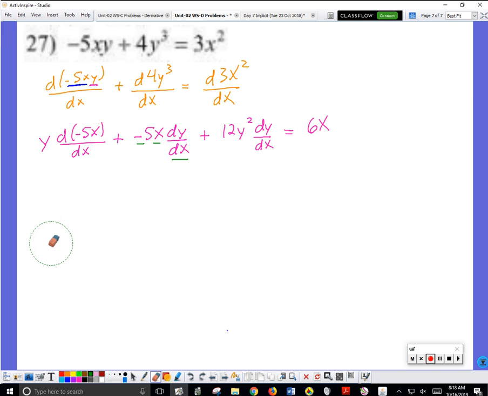So, going. This is just negative 5, so I have negative 5y. This is just negative 5x y prime plus 12y squared y prime equals 6x.